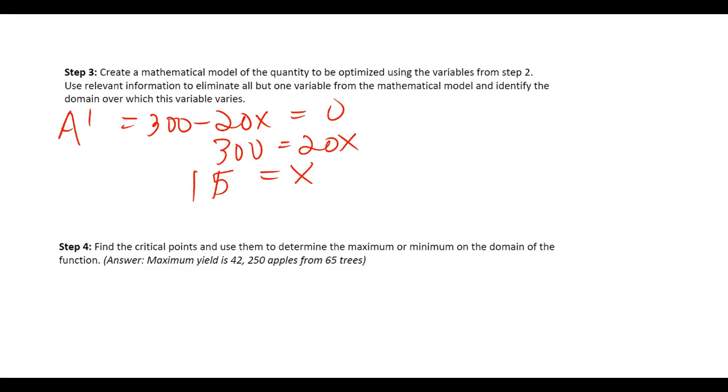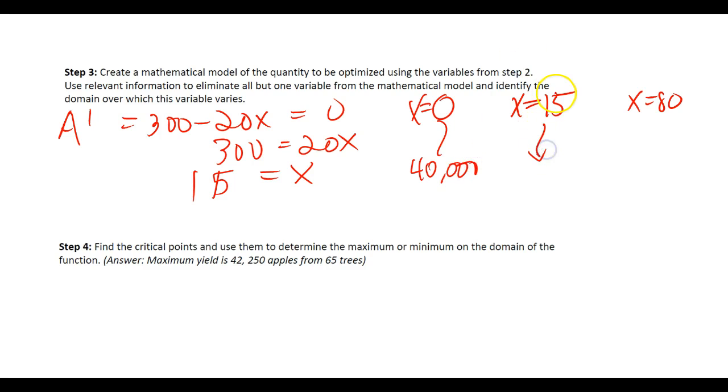So I'm going to take the critical point on the domain, x equals 15. And then I'm going to test the output when x equals 0, like I said, and x equals 80. We said this output was 40,000, isn't it?